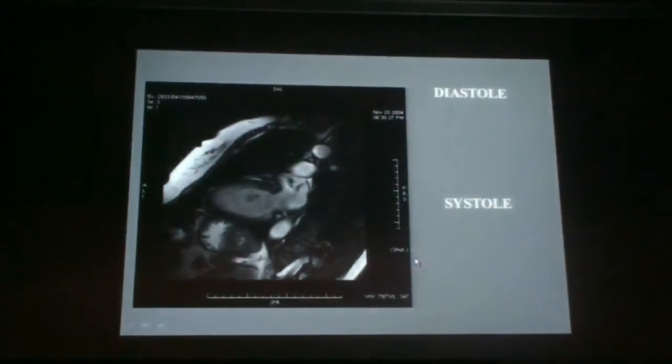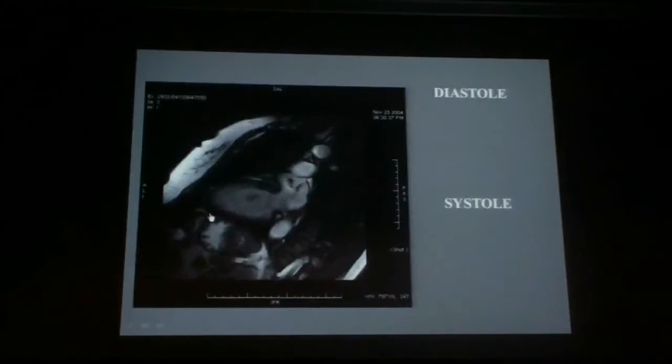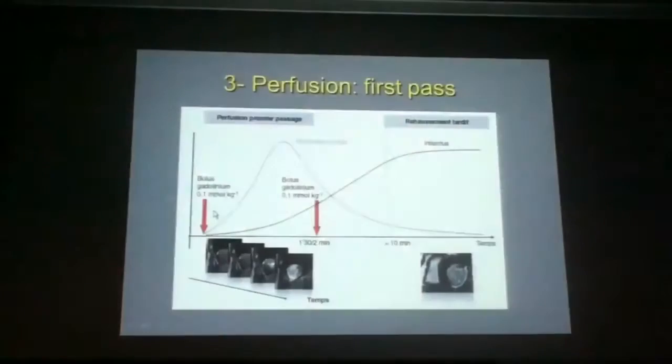So again, when you measure these, especially at the base of the left ventricle, be aware that you don't contour the endoluminal border if you don't have a normal thickening of your myocardium in this area, especially at the end of the systole.